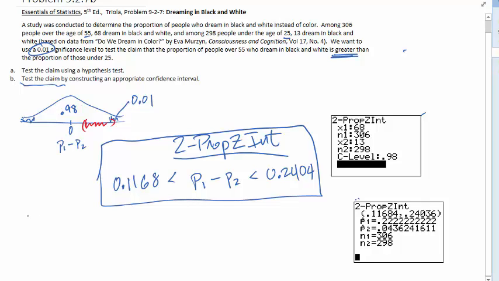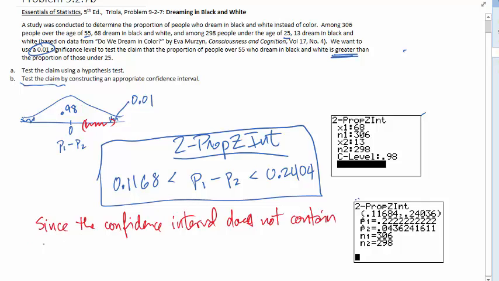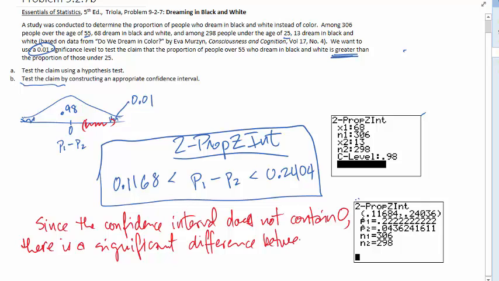So in words, you can describe your conclusion by saying: since the confidence interval does not contain 0, there is a significant difference between the two populations.